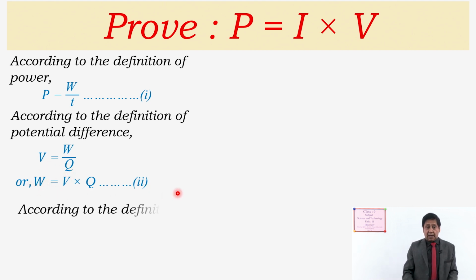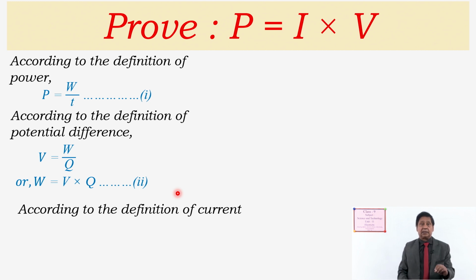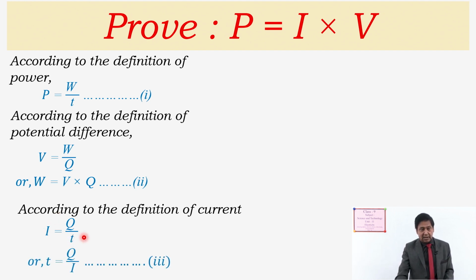Now another, according to the definition of current, do you remember this definition of current? Rate of flow of charge is called current, which can be represented by this formula, current equals charge by time. In this equation, if T is taken to the left hand side, then we will get T equals Q by I. Now the third equation is established. Why am I doing so?